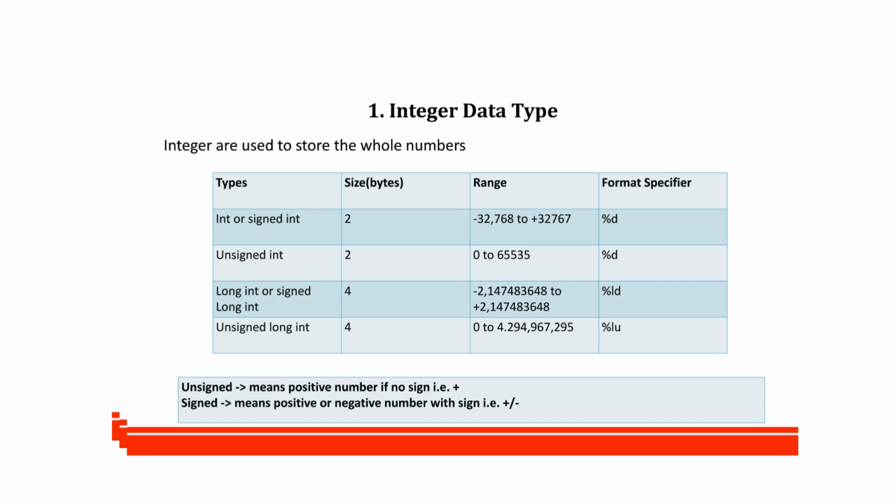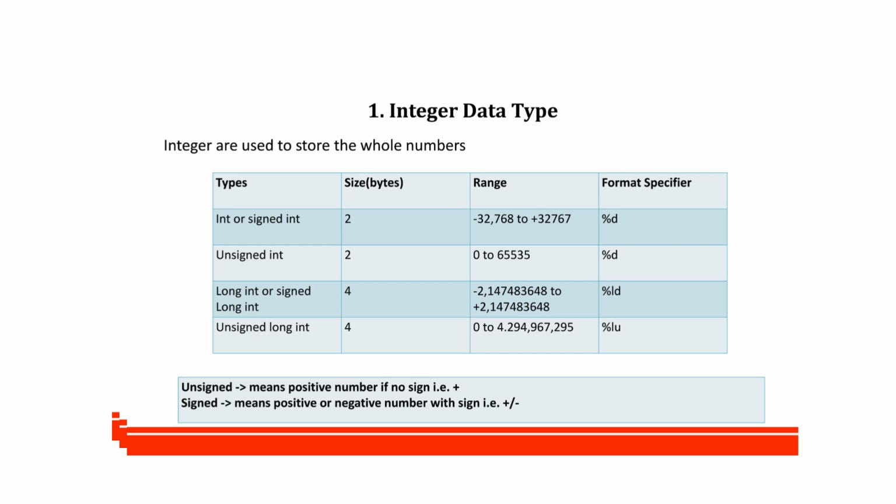Character data type. Character data type allows its variable to store only a single character. The size of the character is 1 byte. It is the most basic data type in C. It stores a single character and requires a single byte of memory in almost all compilers.